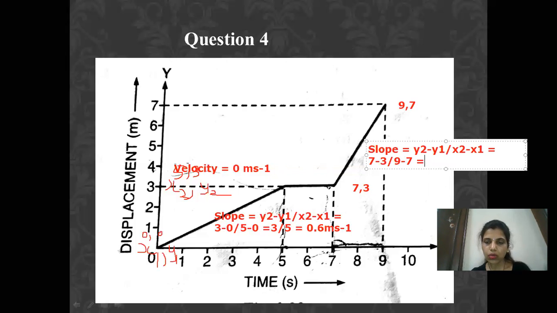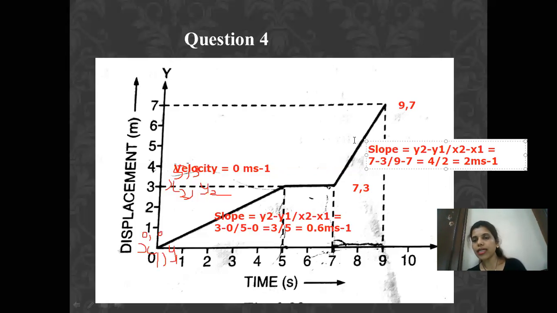So 7 minus 3 is 4, upon 9 minus 7 is going to be 2. So what will be the value? 4 upon 2 is 2 meter per second.